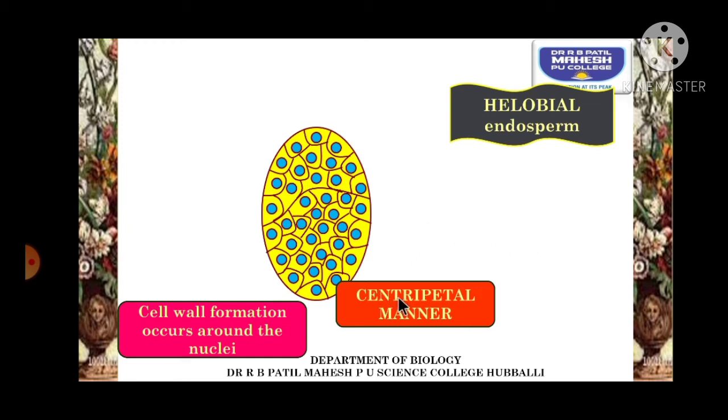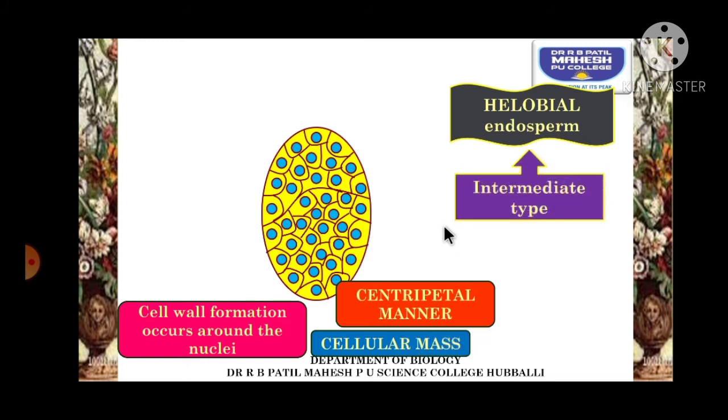Similar to that, here also, in a centripetal manner, from the margin towards the center, there will be the formation of cell wall, and this formed tissue is called cellular mass. This is said to be an intermediate type, between the nuclear and cellular endosperm. That's why I said it acts as a connecting link between cellular and nuclear endosperm.